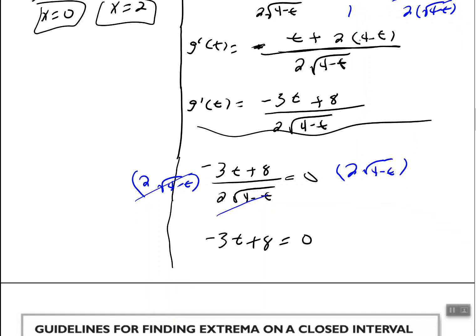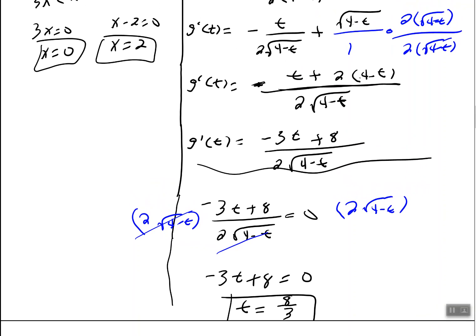And then let's subtract 8 and divide by 3. So finally, we see that at 8/3 we have a critical number.